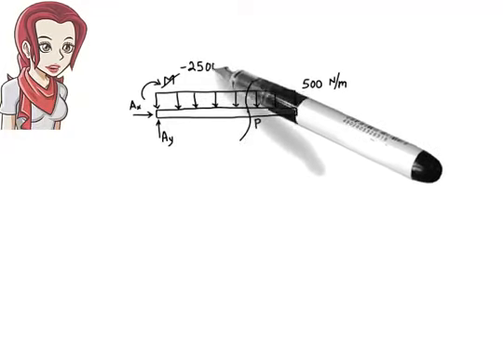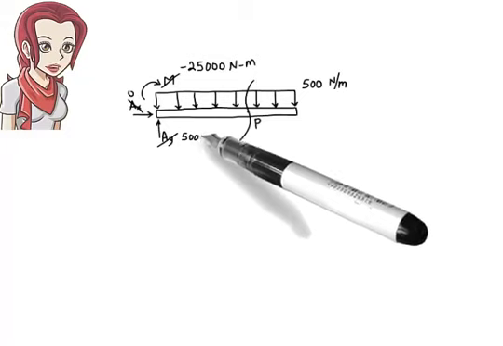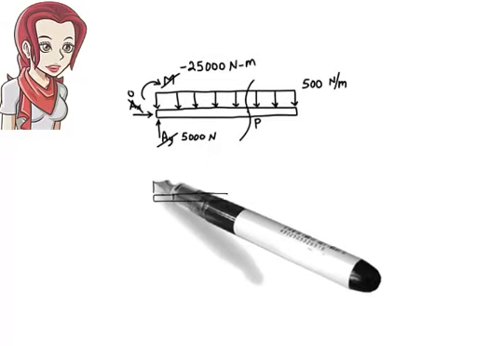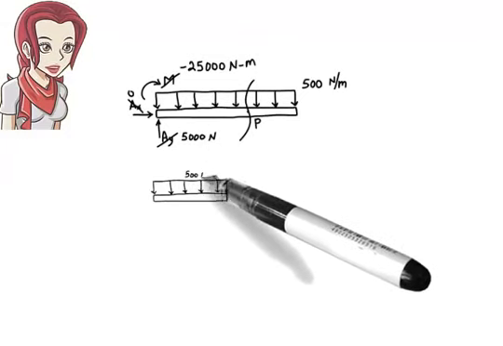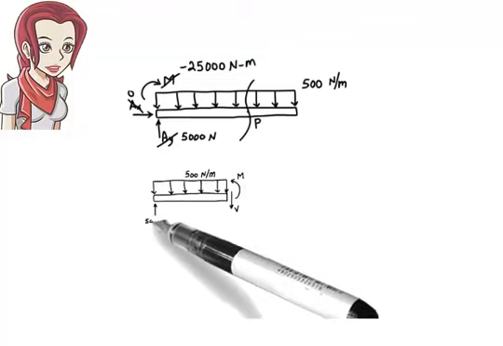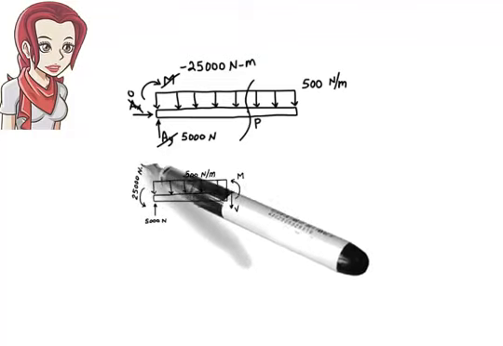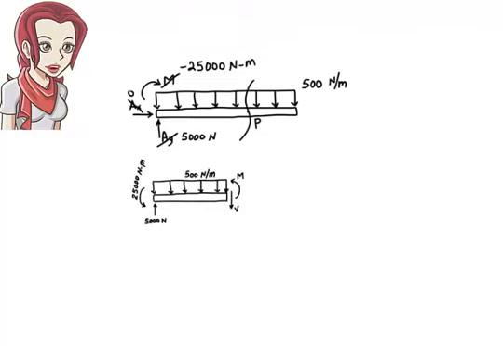Now let's cut the beam at an arbitrary point, say point P. Draw the free body diagram of the left segment of the beam. Since we do not know the length of the segment, I'm going to label it as x. That is, the distance from the left end of the beam to the point is x.